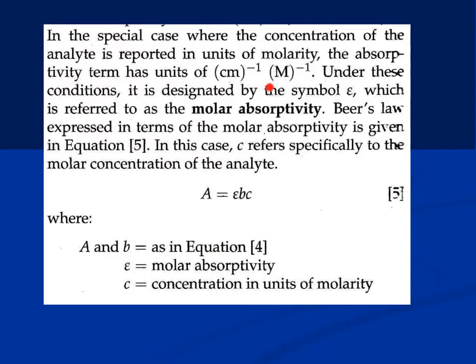So for how many moles, per mole, what is the epsilon value of that particular molecule. If you have 1 molar solution, some molecules will absorb more light compared to other molecules. So the epsilon value is used to compare that.